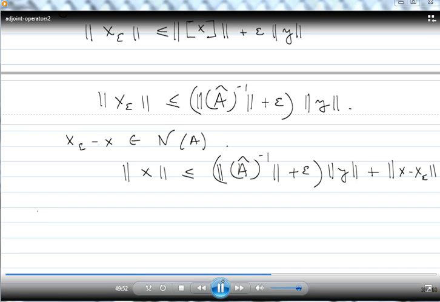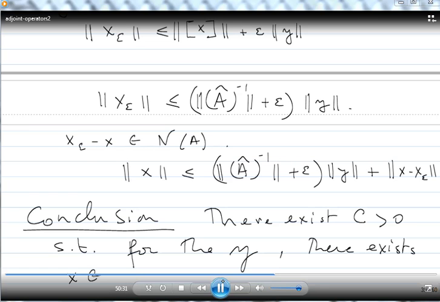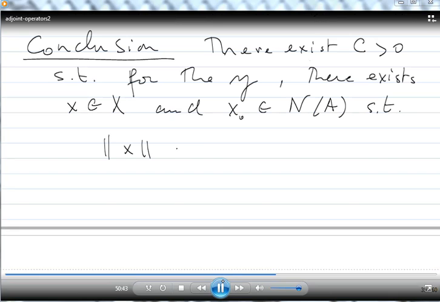So the conclusion here, and you will see that it doesn't matter whether y is equal to 0 or not: there exists a constant C positive, such that for the y which satisfies property number 2, there exists a solution x in X, and x0 in the null space of A, such that the norm of x is less or equal than C norm of y plus the norm of x0.